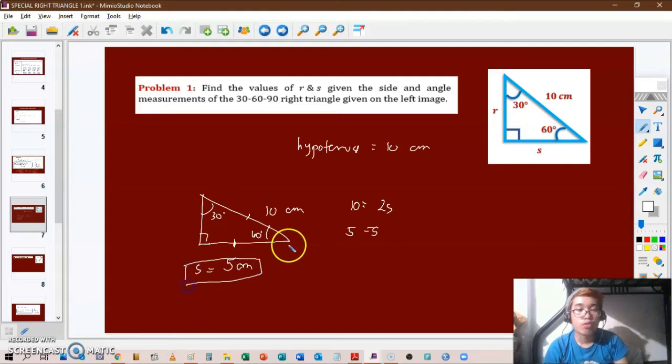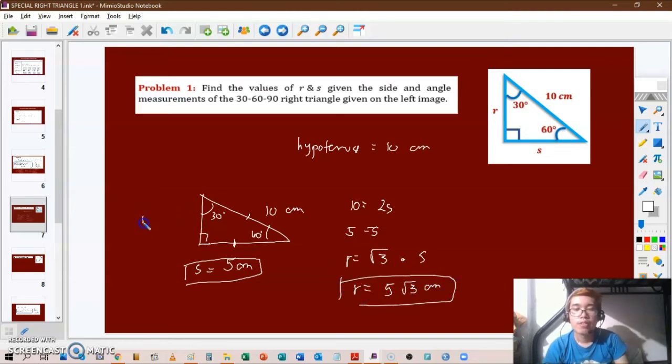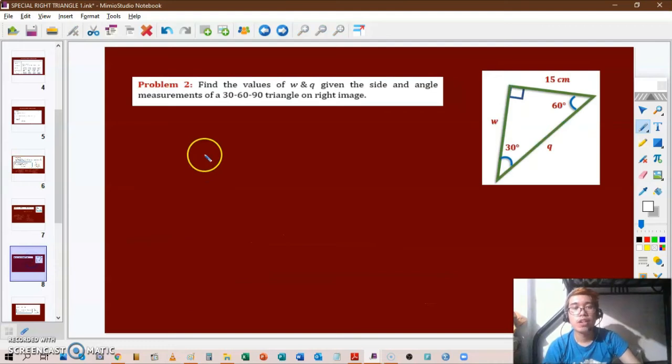To find the value of R, R is simply equal to square root of 3 times S. We've already solved for S, so R is equal to 5 times square root of 3 centimeters. So the value of R is simply 5 square root of 3 centimeters. That easy. Let's try to solve the second problem.